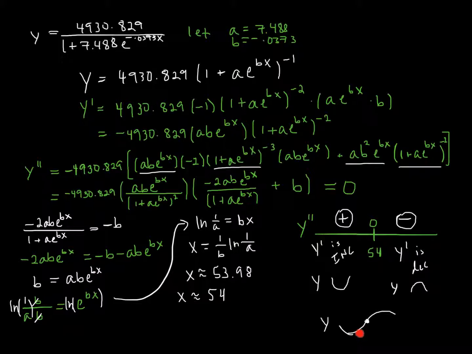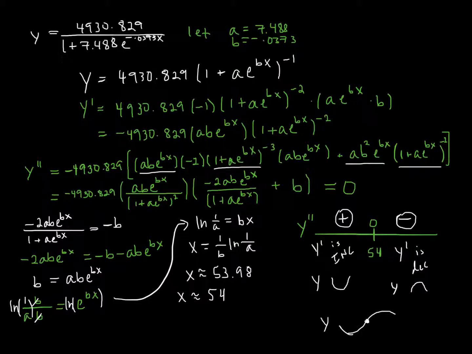It was increasing, concave up, so the slope was getting bigger, and then past this point, the slope is going to start getting shallower because it's concave down. So this is the point of inflection, and that is where the derivative is going to have its greatest value, in other words, where the population is growing the fastest.